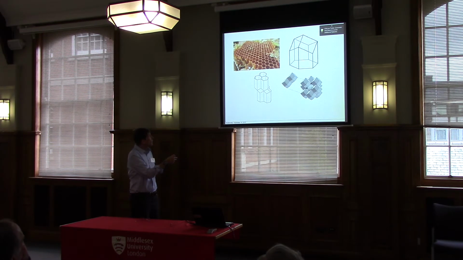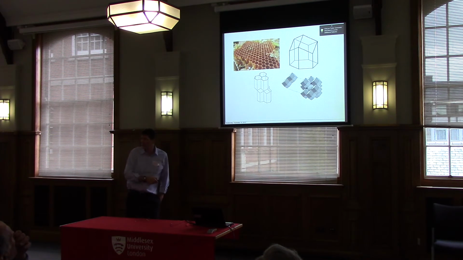And if you repeat this pattern, if you seal off the top of the honeycomb cell in the same way that the base is sealed off, then you get what's called a rhombic dodecahedron. It's a 12-sided polyhedron with rhombic faces. In the same way that the honeycomb cells fit together, this rhombic dodecahedron tiles space.